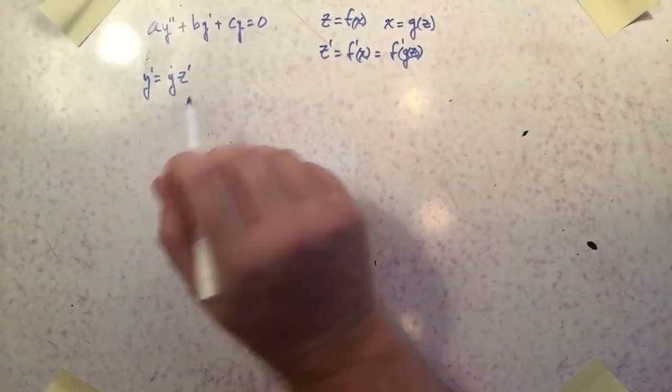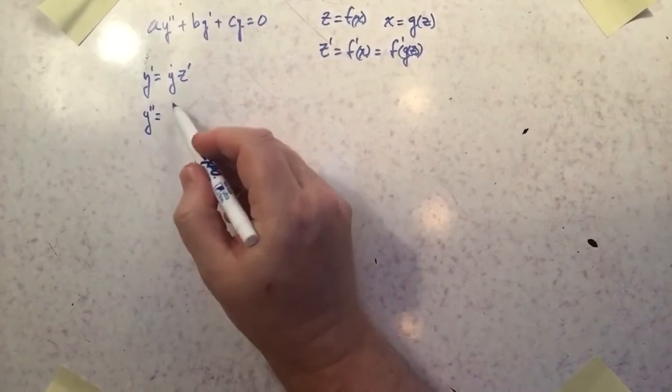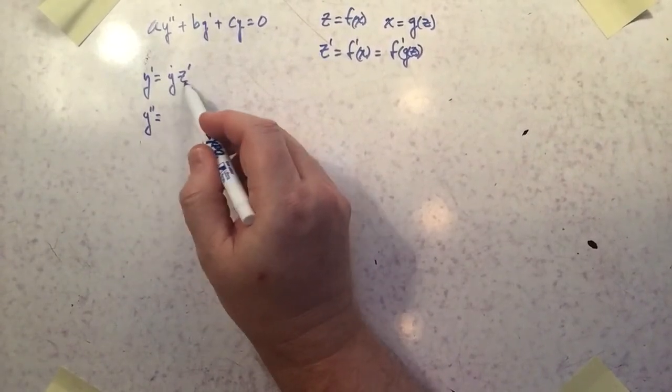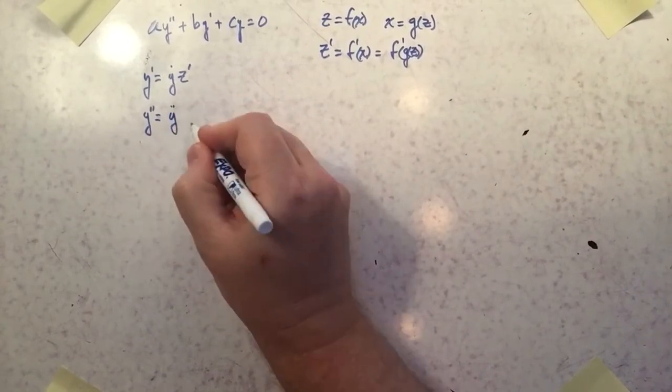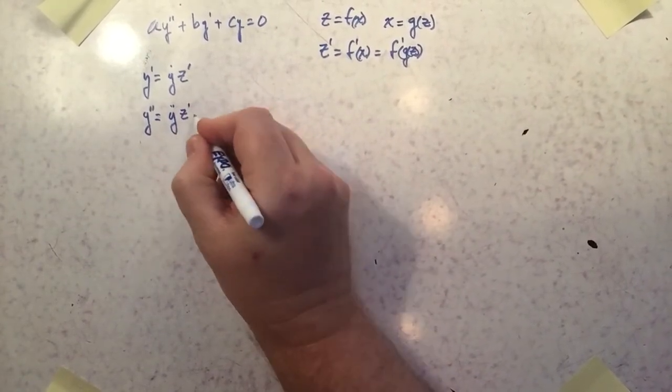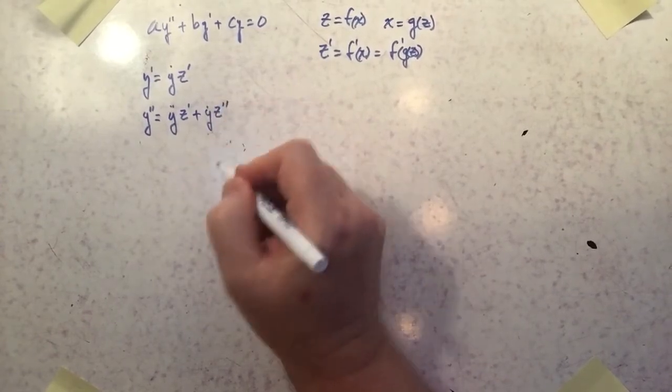That's the easy part. The more difficult part is what's y''? Again, it's going to be the next derivative of this, so I'm going to apply the chain rule to this. It's going to be y double dot times z' plus y dot times z''.